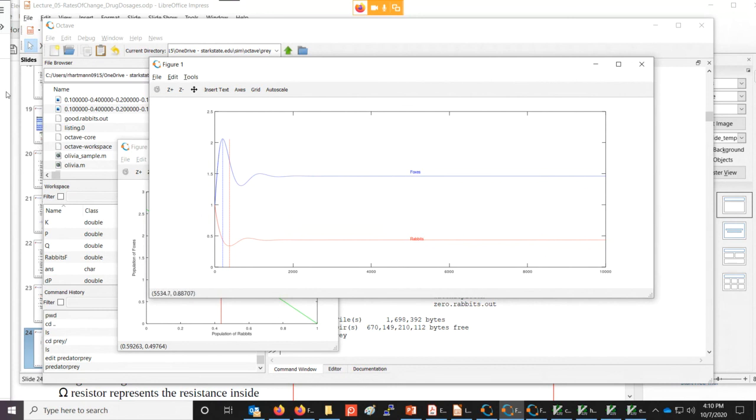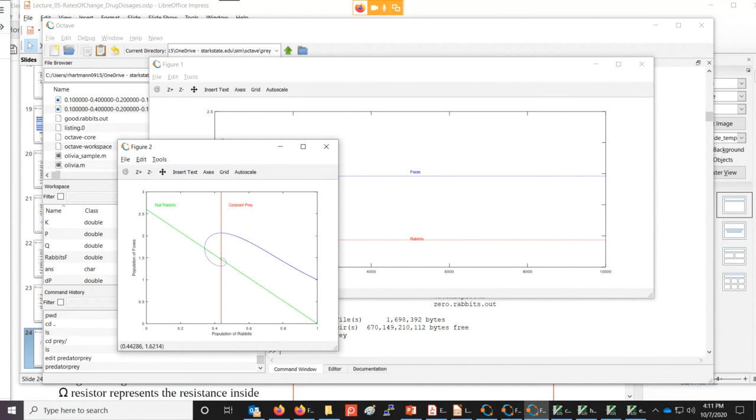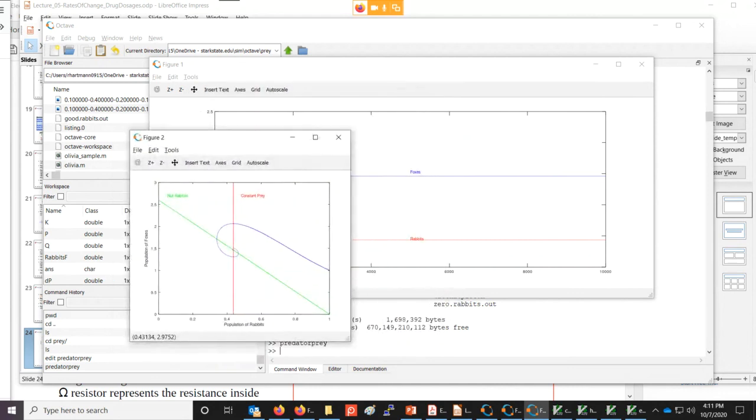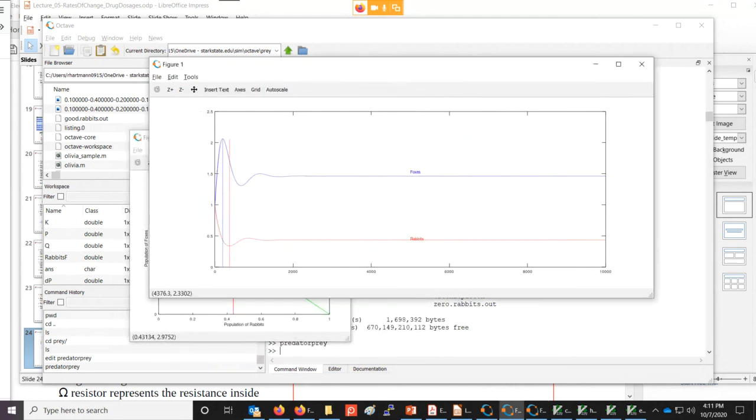But this particular graph is showing you that the population of the rabbits and the foxes in this example becomes steady. They just reach a steady state value, a constant value. And that constant value here is where those two meet. And we'll talk a little bit more about this plot. This plot is called a phase plot. We'll talk about that next week.